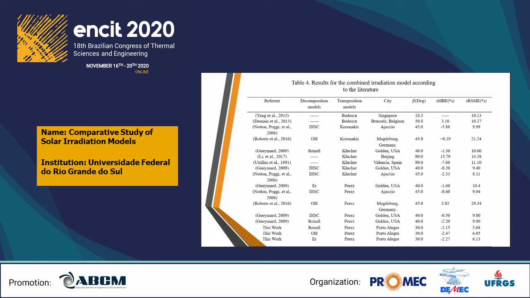These results are similar to those obtained in the present work for Porto Alegre. For example, in the present work a relative MBE of -5.13% and a relative RMSE of 7.6% were obtained.